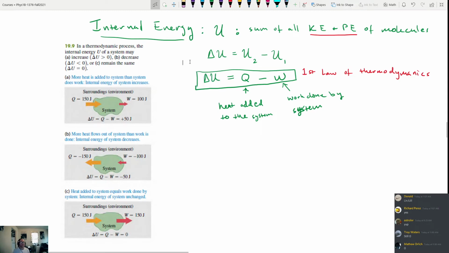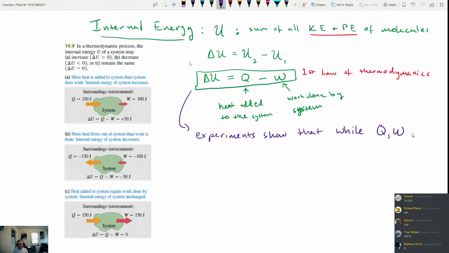The interesting thing is that experiments show that while heat added and work done depend on the path taken, delta U, or the change in internal energy, does not, during any thermodynamic process.